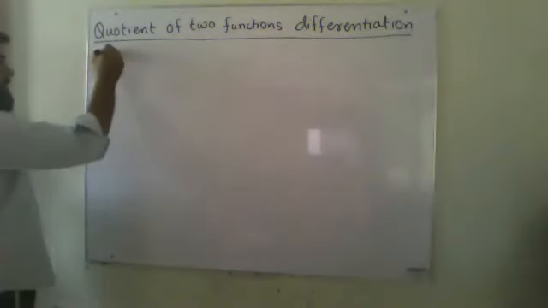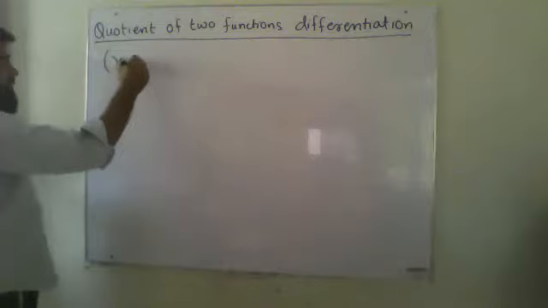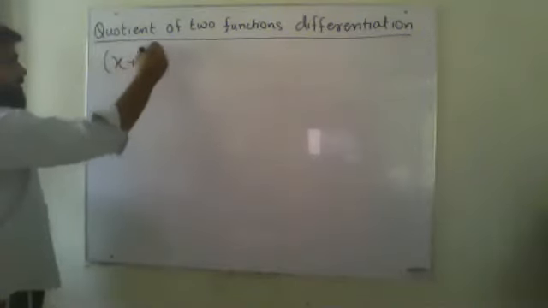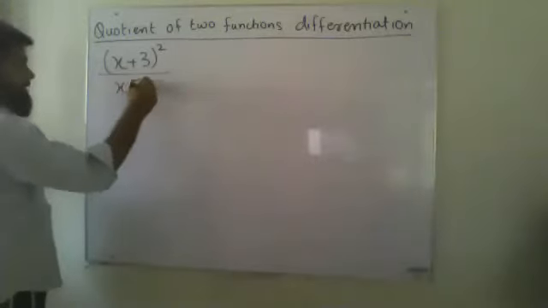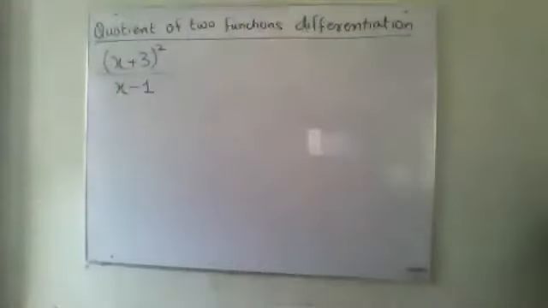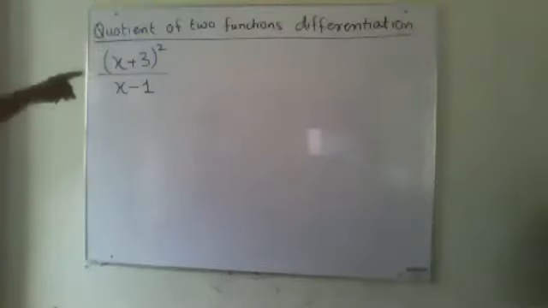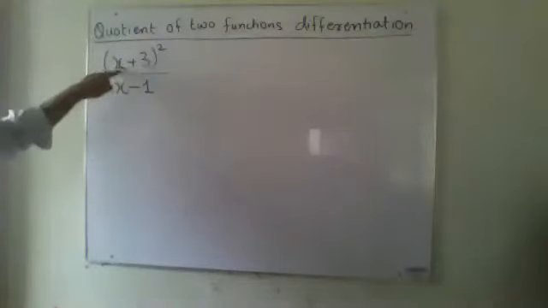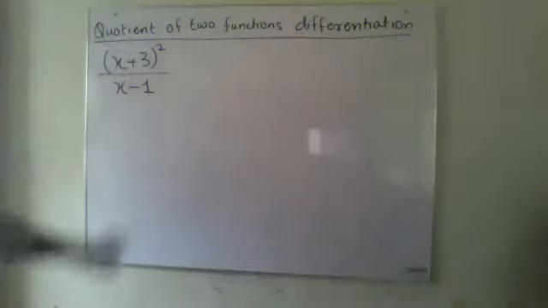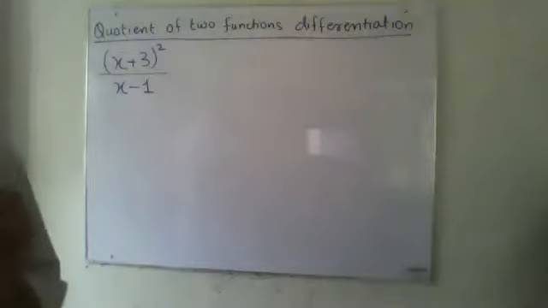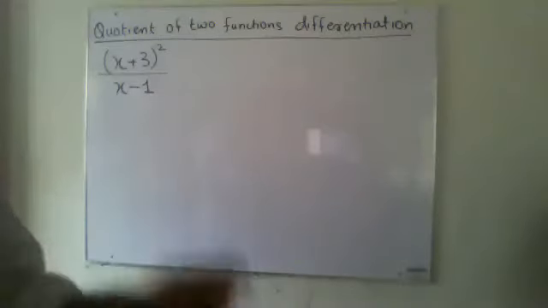For instance, (x + 3) whole square over x minus 1. This is my question. In this scenario, you can see there are more than one term in numerator and more than one term in denominator. So over here you are going to apply your quotient rule.